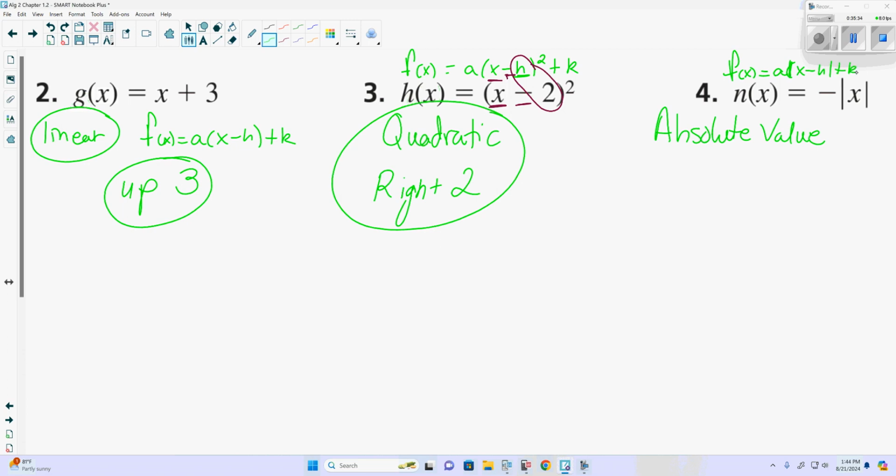There's nothing added outside, there's nothing added to it inside, which means left, right, up, and down is not going anywhere. It's a reflection across the x-axis. Since the sign for a is negative, it's a reflection across the x-axis. Questions on this here?